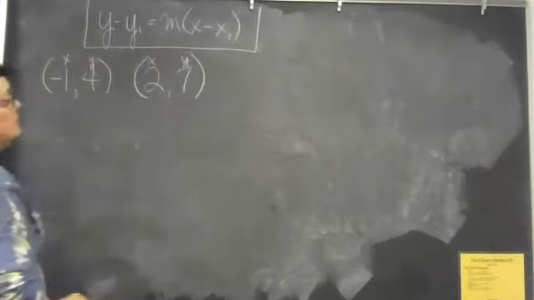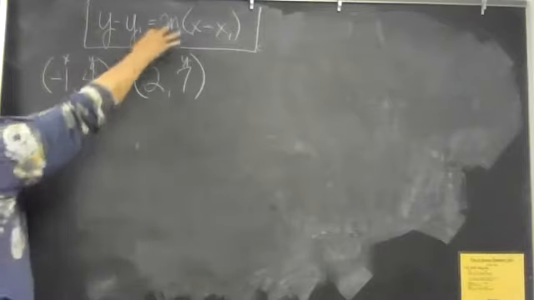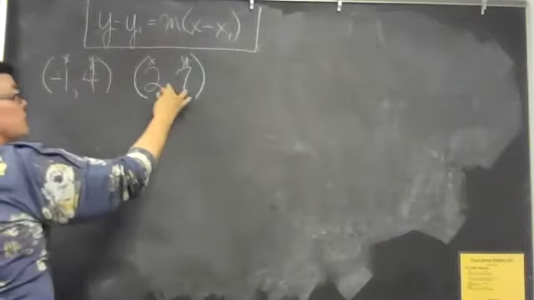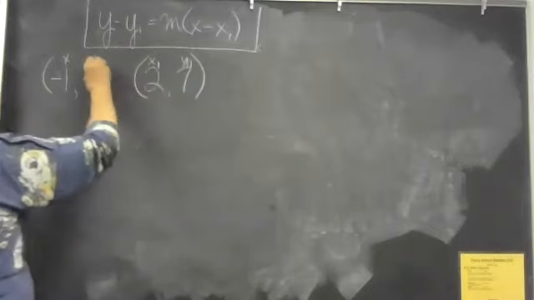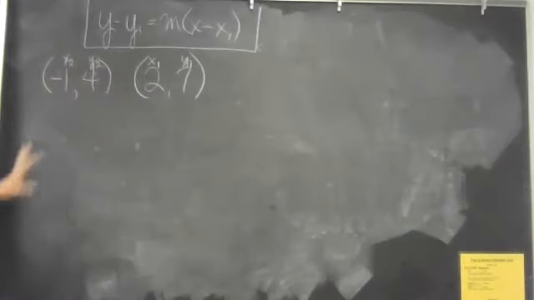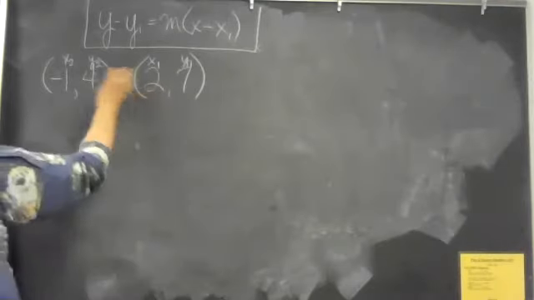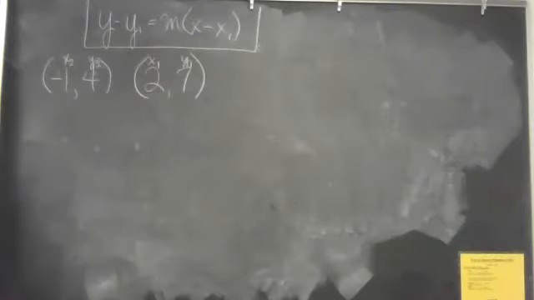Now again, these can be your ones to go in here, or these can be your ones. Let's make these be our ones this time. You will get exactly the same answer no matter which set of points you use. You have to have the 2 points though to figure out the slope that we did.